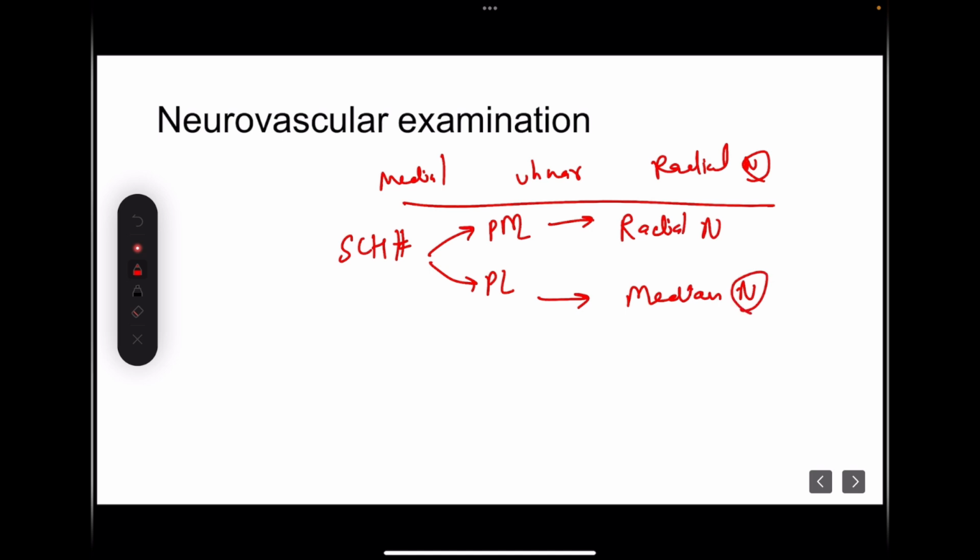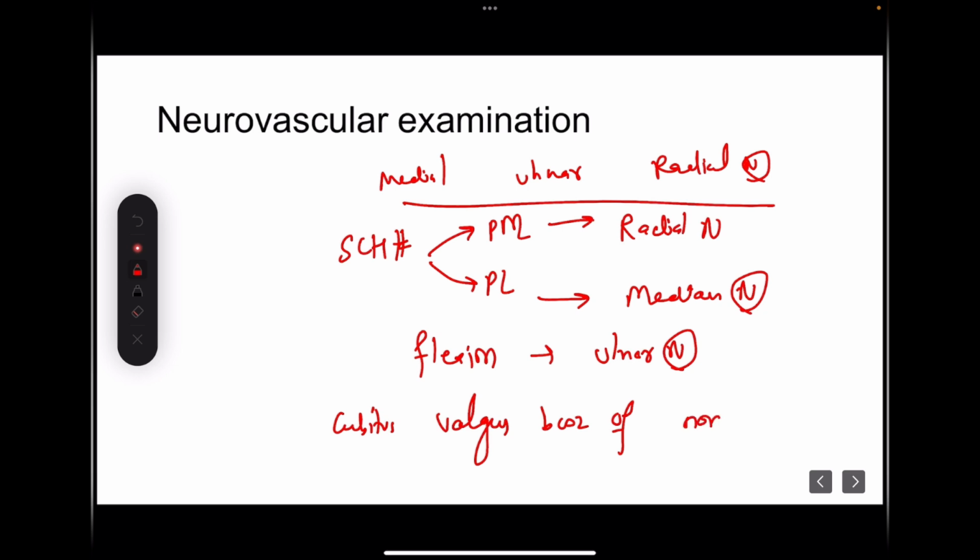Whenever the fracture is flexion type, not extension type, the ulnar nerve can get involved. And whenever a child has cubitus valgus because of non-union of the lateral condyle, the child can have tardive ulnar nerve palsy. So always do a neurovascular examination in all these cases.